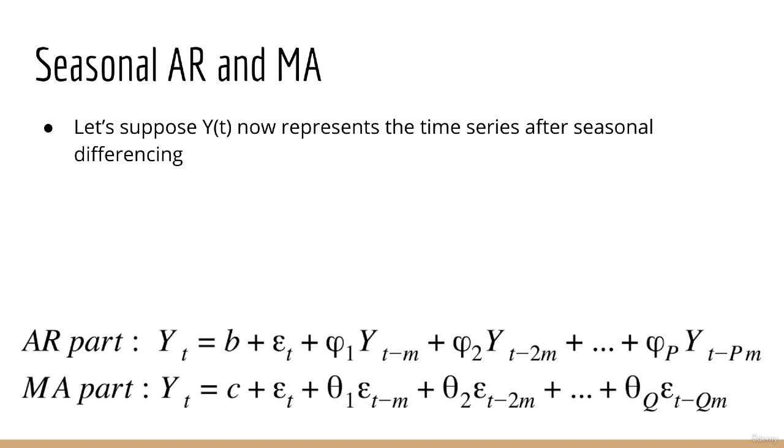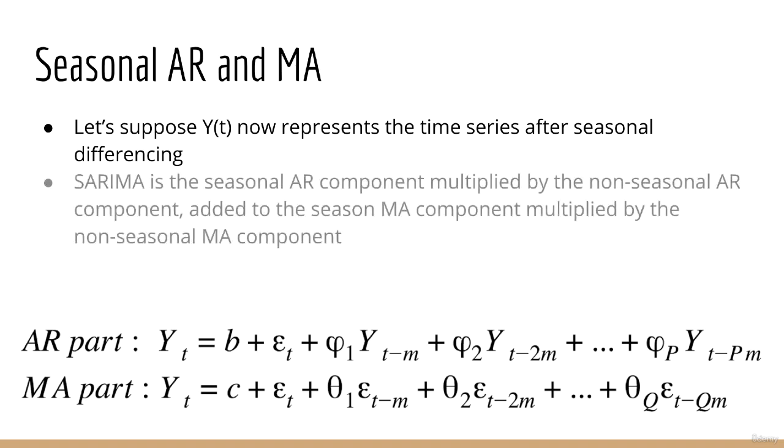So for example, y of t depends on y of t minus m, y of t minus 2m, and so on. For the moving average part, we again have the same pattern. y of t depends on past errors at multiples of m, so that would be epsilon at t minus m, epsilon at t minus 2m, and so on. Finally, once we have this seasonal part, we multiply it with the non-seasonal part, and that gives us the full SARIMA model.